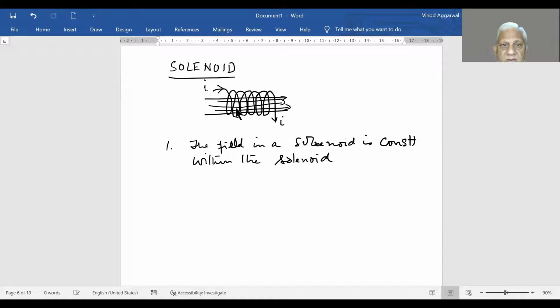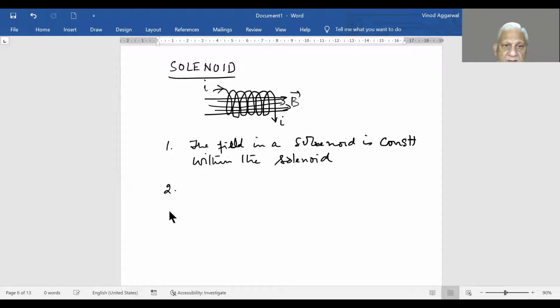Which means it doesn't matter whether you are taking, this is our direction of B. If you take B here, here, here, anywhere within this solenoid, the lines will be parallel and they will be constant, uniform. That is rule number one.